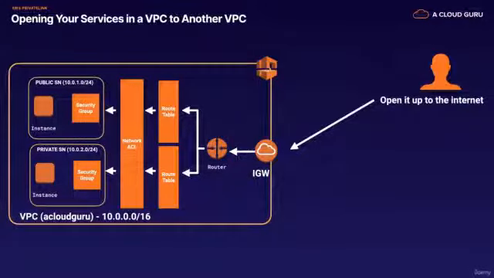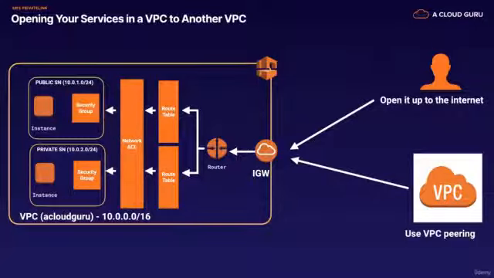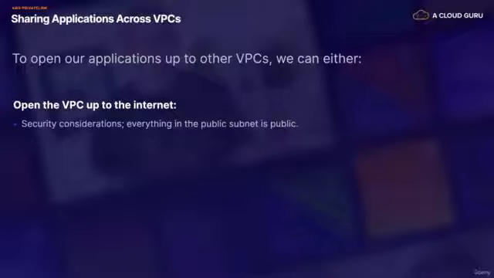Well, the first thing is to open up the VPC where the application is hosted to the internet itself. Another way is to use VPC peering, but if we're using tens or hundreds or thousands of different VPCs, we'd have to open up a peering connection to each and every one of them. So both of these options have their disadvantages. Some of the disadvantages of opening the VPC up to the internet could be security considerations.